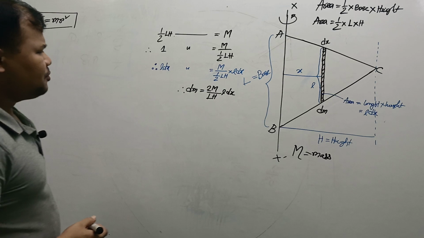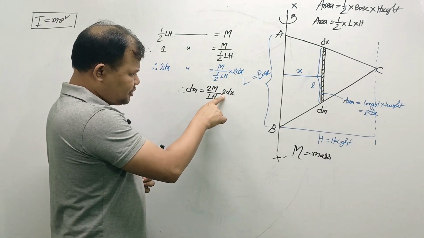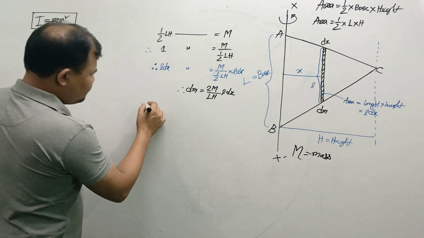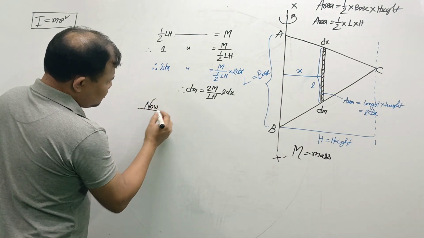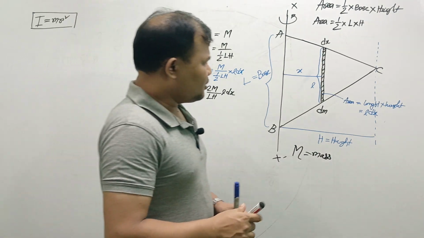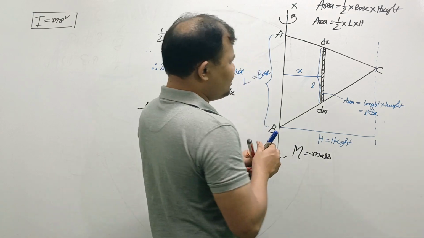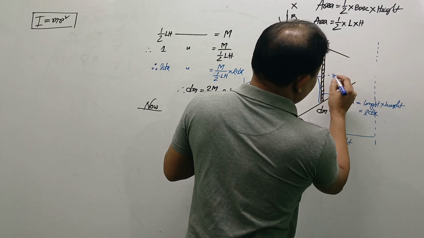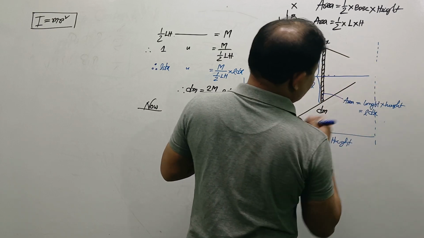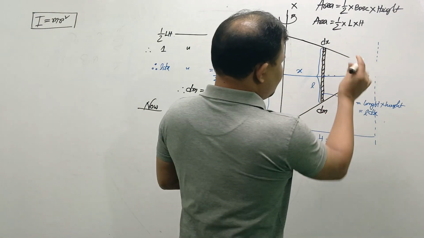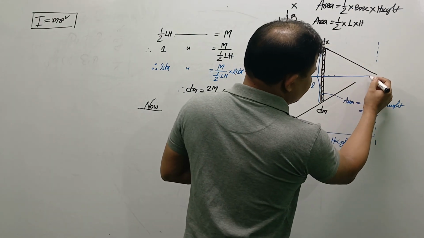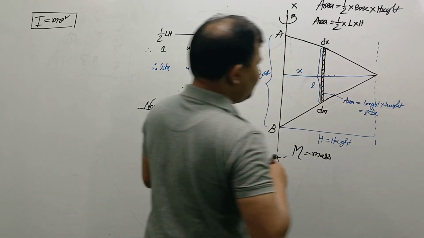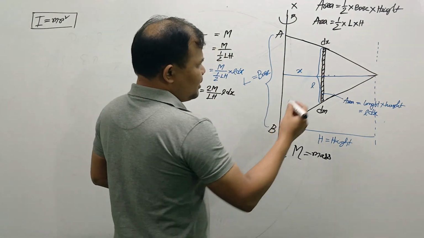Now our duty is to find the value of the ratio L divided by S. How can we find it? Here we can see two triangles.